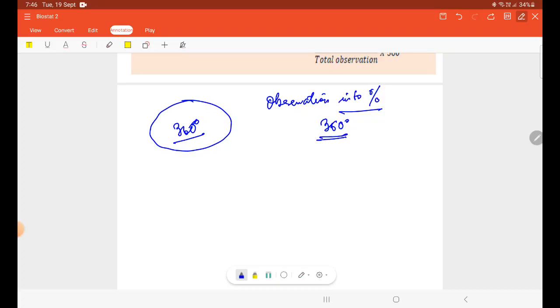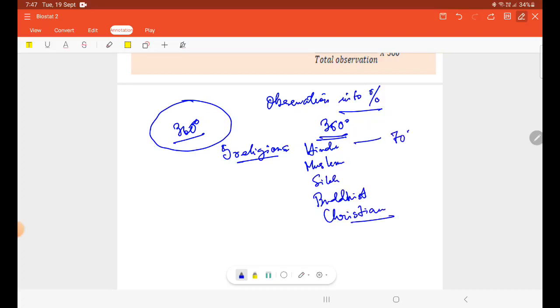Say in India, there are people of 5 religions: Hindu, Muslim, Sikh, Buddhist, Christians. Say Hindu 70%, Muslim 20%, Sikh 5%, Buddhist 2.5%, Christian 2.5%.